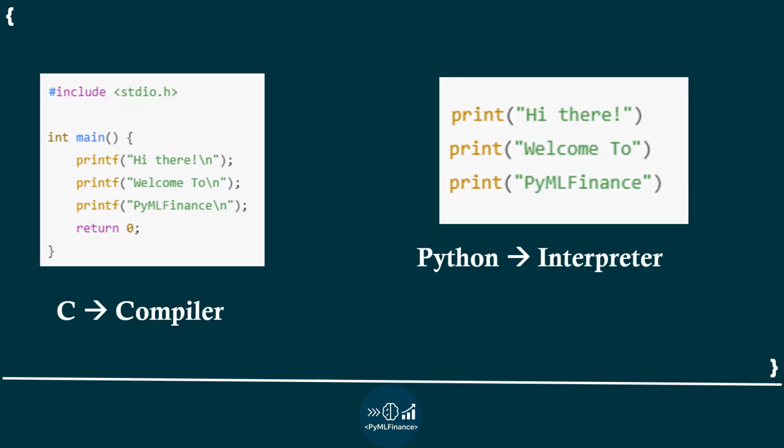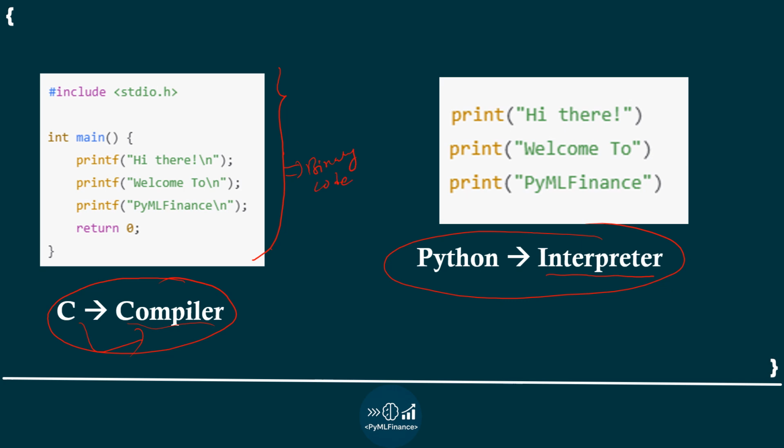Here we have two programs. The first one, on the left side, is the C program, and the one on the right side is the Python program. C uses a compiler and Python uses an interpreter as a translator. The compiler in C will read this entire program in one go and then convert it into binary code.